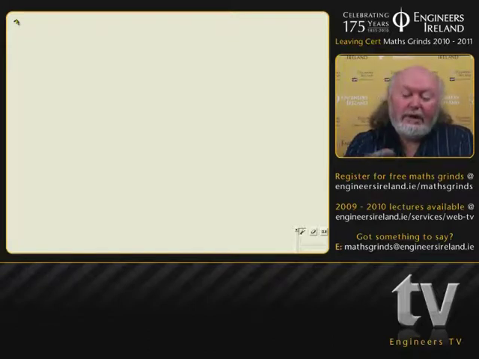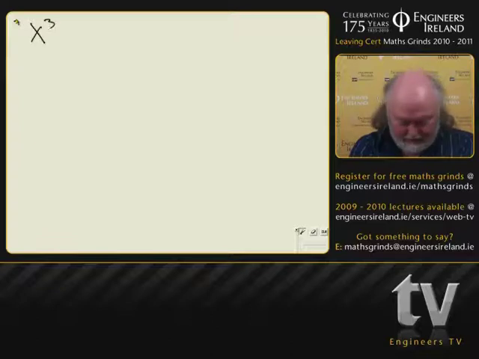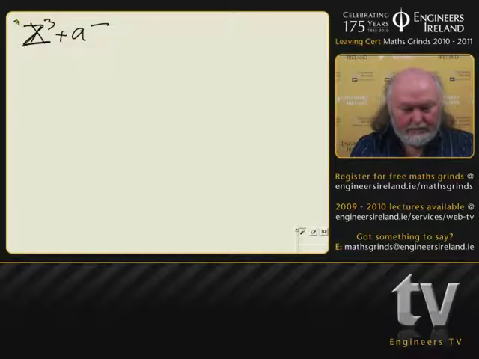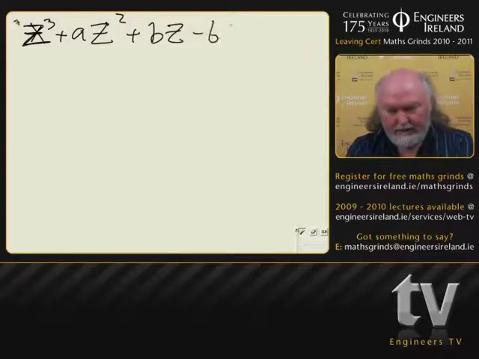So if we get any form of equation which has got nice easy numbers to it, okay, let's say in the case of the example given here, z cubed plus a z squared plus b z minus 65 equal to 0.